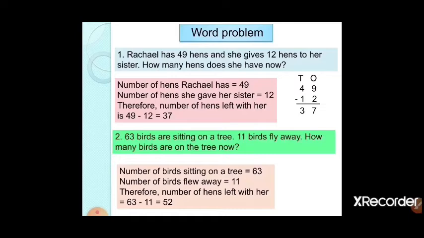Okay, so by reading the question you have to understand, because now I am doing subtraction, easily you can identify, but when I give a mix of subtraction and addition, that time it will be difficult. That's why you have to understand. So how many are remaining? So you have to do the subtraction.